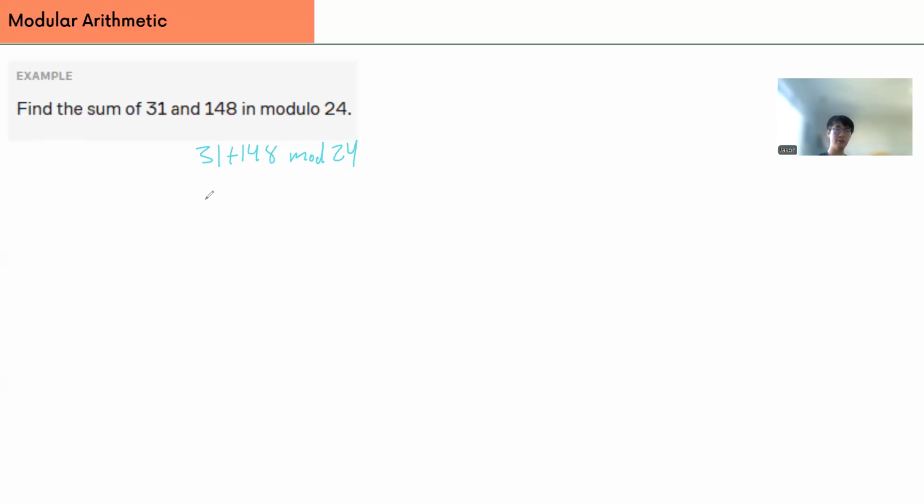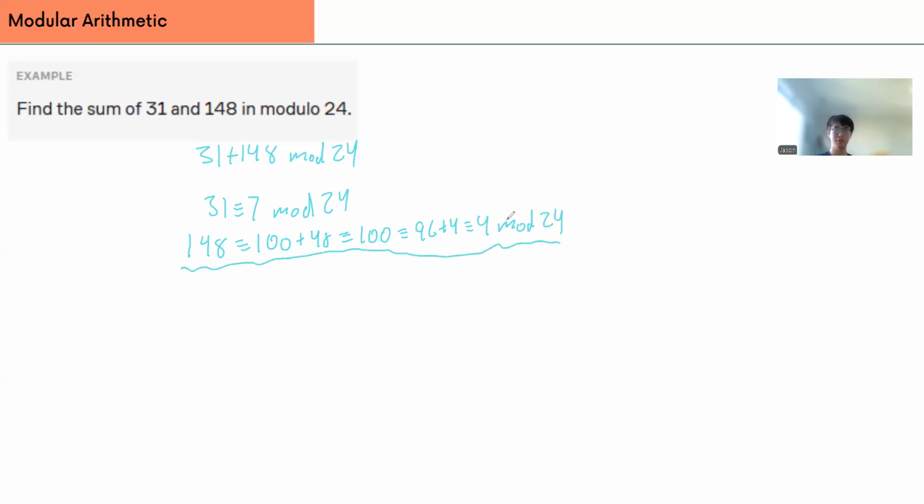Since 31 is congruent to 7 mod 24, and 148 is congruent to 100 plus 48, it's congruent to 100, which is congruent to 96 plus 4, which is congruent to 4 mod 24, right? Make sure you see why every step in here is the same mod 24.